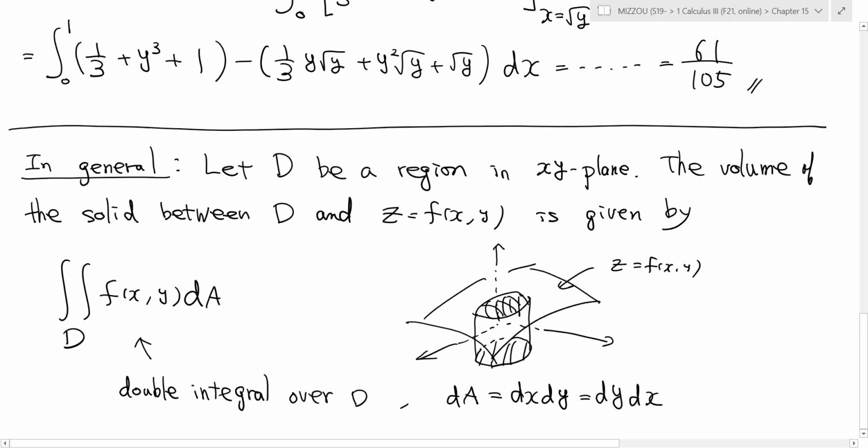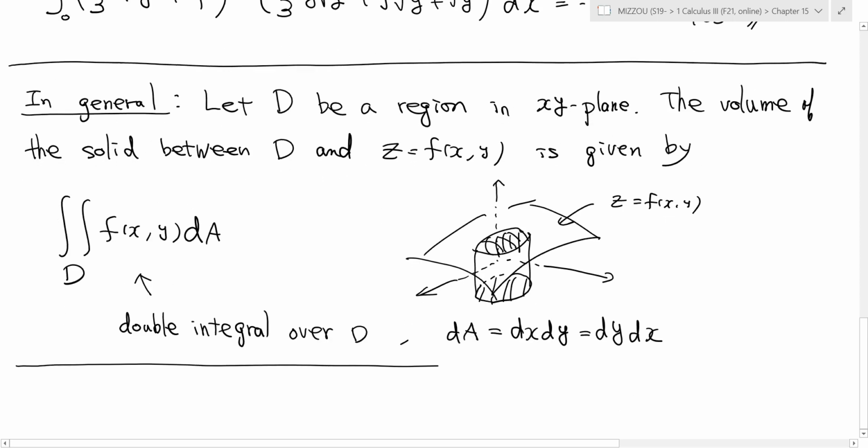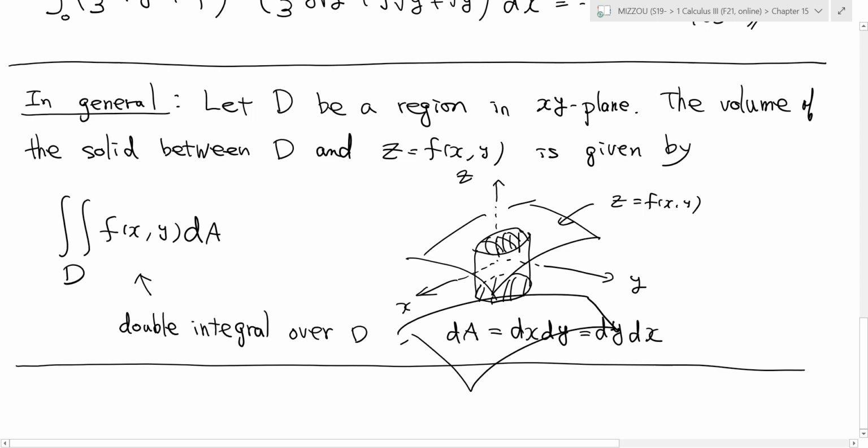And the way to compute it is essentially the way I did. Strictly speaking, if the surface is above the xy plane, like this picture, that's a volume. If the surface is below the xy plane, on this side, then what you get is a negative number, a negative volume, times negative 1.